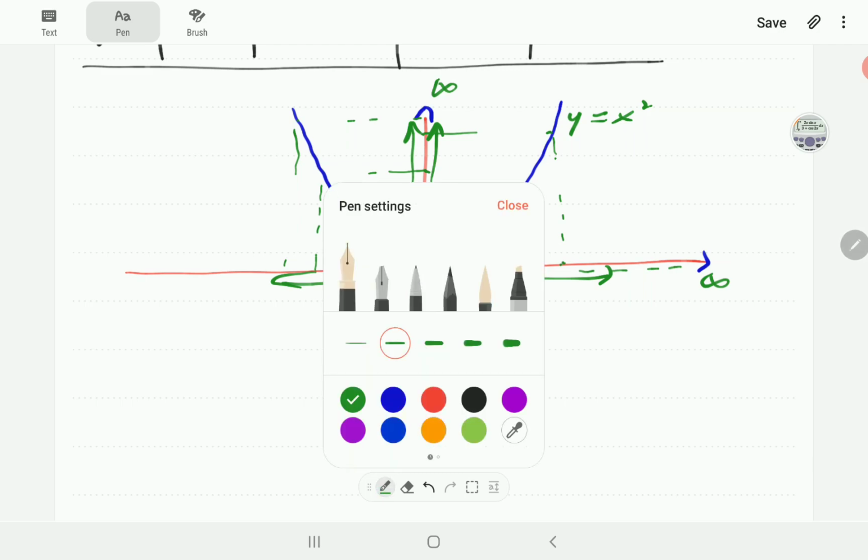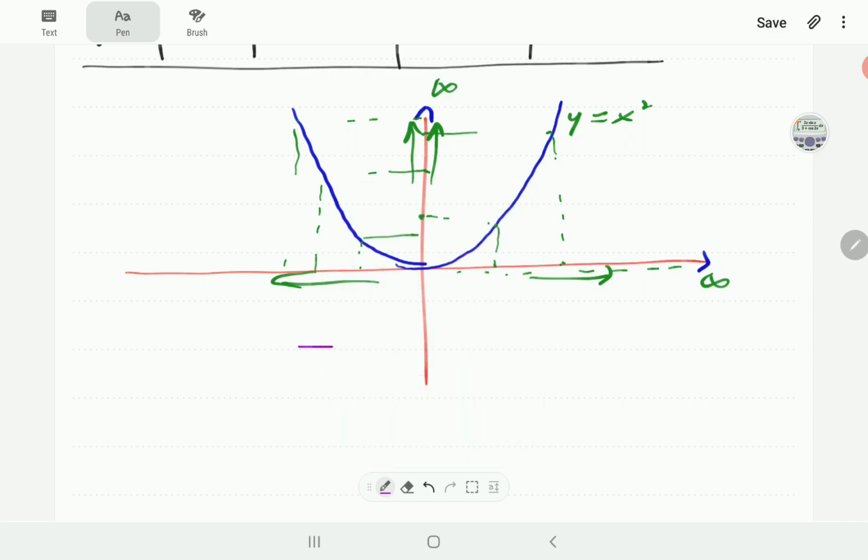However, the graph of x cubed is going to look something like that. What you notice with this graph is that as x goes to positive infinity, y is still going to positive infinity.